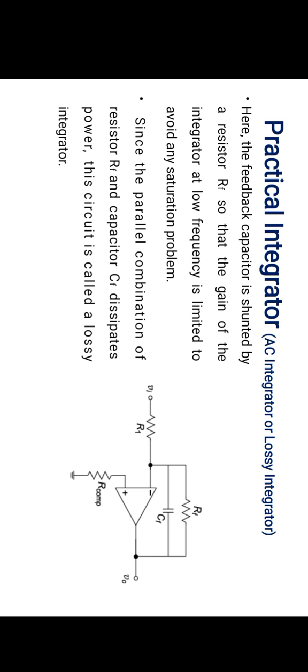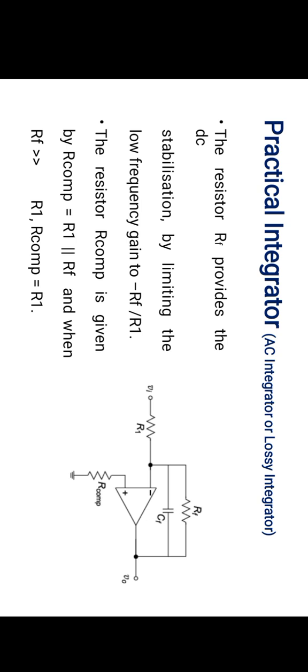Here, the feedback capacitor is shunted by a resistor RF so that the gain of the integrator at low frequency is limited to avoid any saturation problem. Since the parallel combination of resistor RF and capacitor CF dissipates power, this circuit is called a lossy integrator.